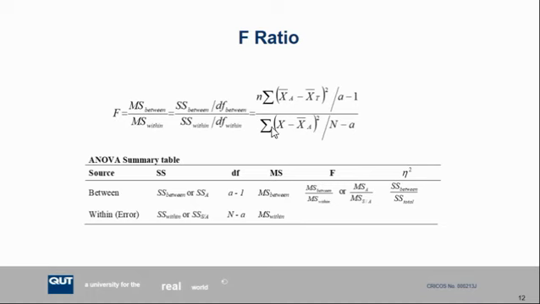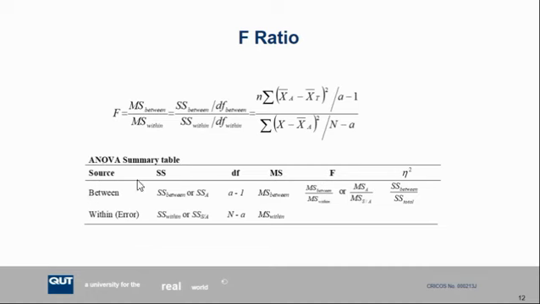And if we want the mathematical notation of that, there it is there. Yeah, how far each mean is away from the total of mean, and how far each score is away from its own group mean. So let's have a look at our ANOVA summary table then.